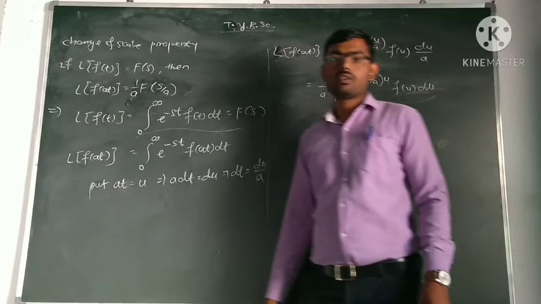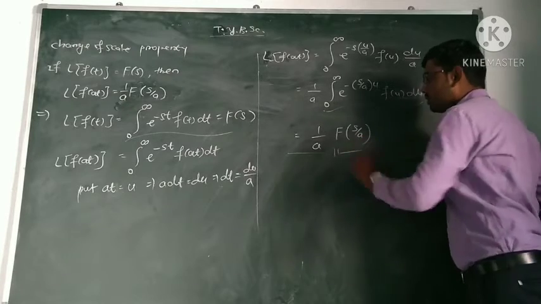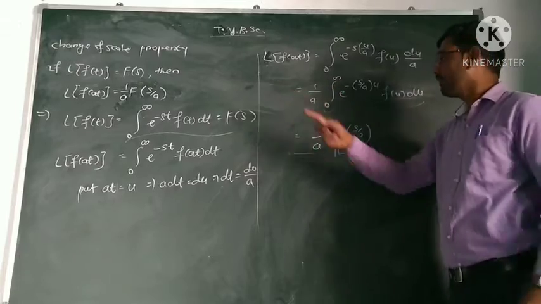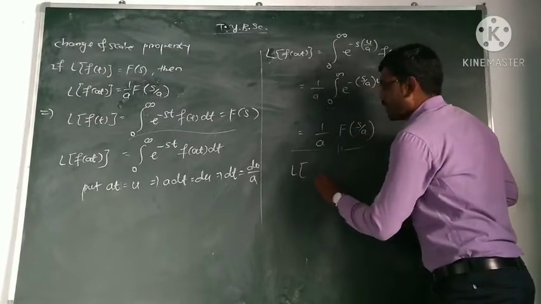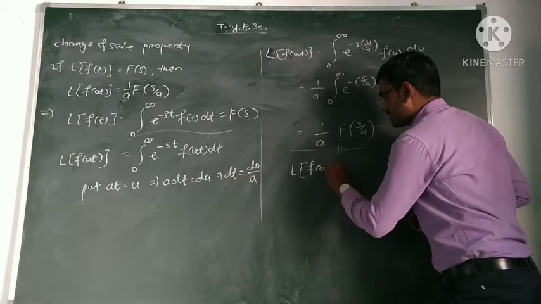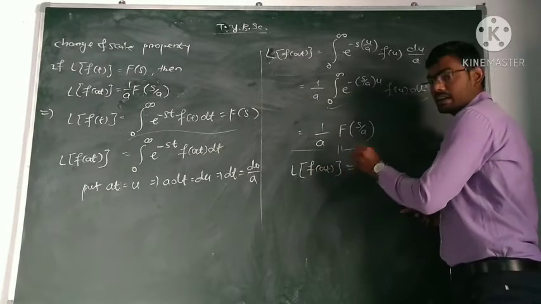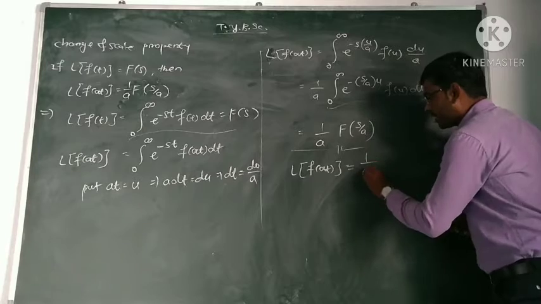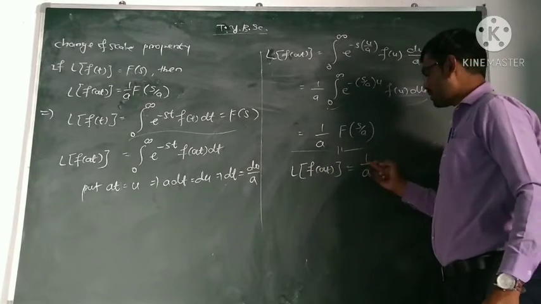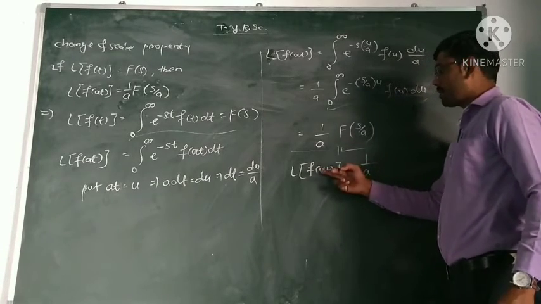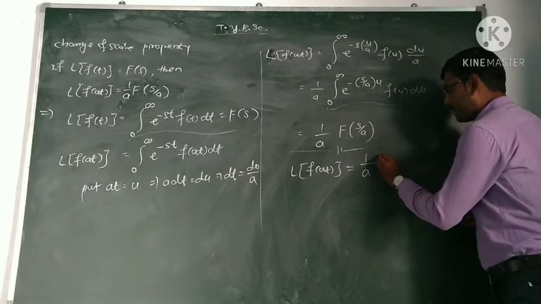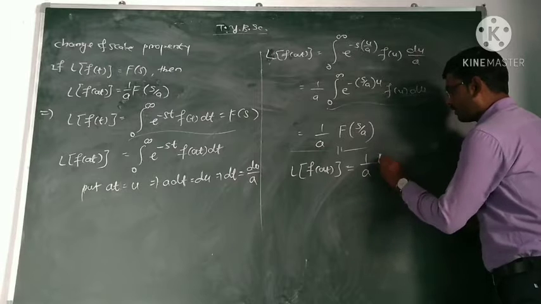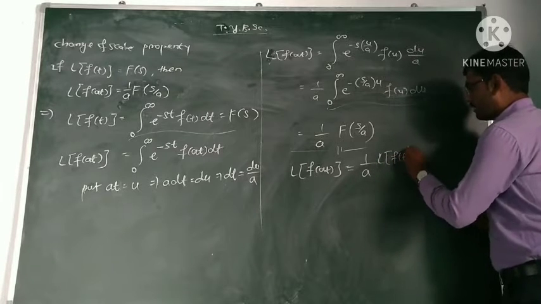Okay. And how to keep in mind this property? This property is like: the Laplace transform of f of at is always equal to, keep in mind, 1 by the coefficient of t, always 1 by a. If a is the coefficient of t, then it becomes 1 by a into the Laplace transform of f of t.